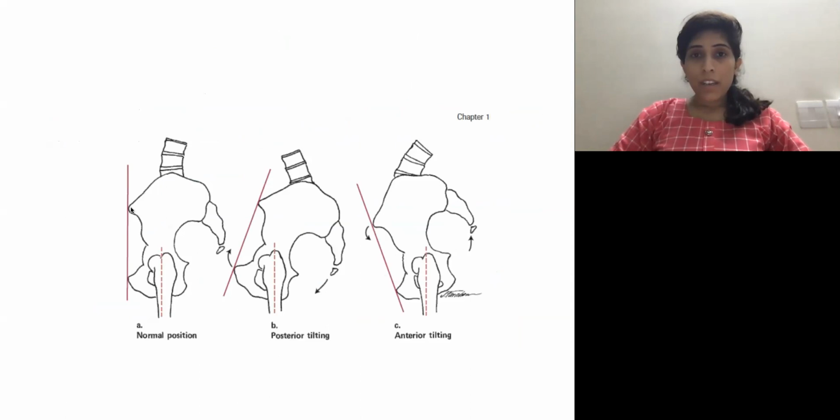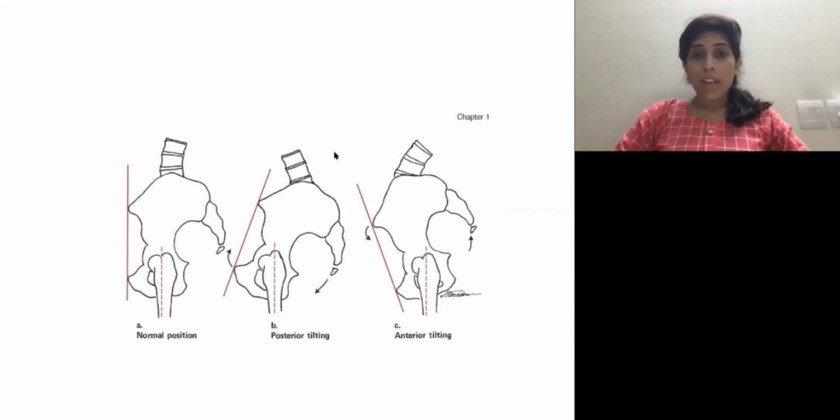Normally, in a normal individual, ASIS lies in the same line with the PSIS, and ASIS lies in a vertical direction with the pubic symphysis. So whenever we draw a vertical line, this line will be in a vertical direction which passes from the ASIS to the pubic symphysis.